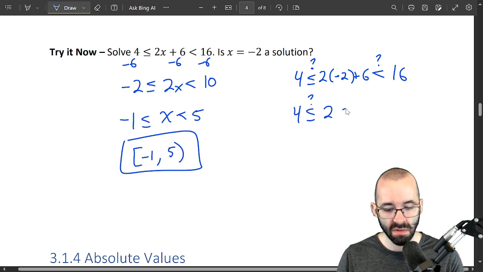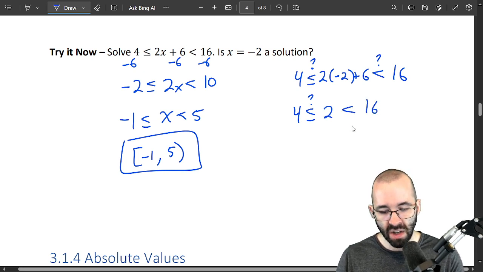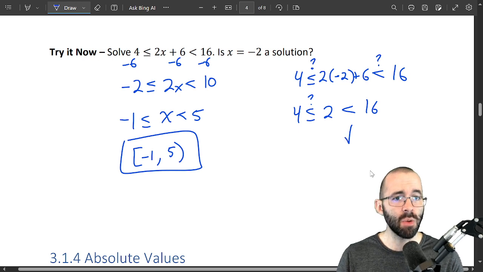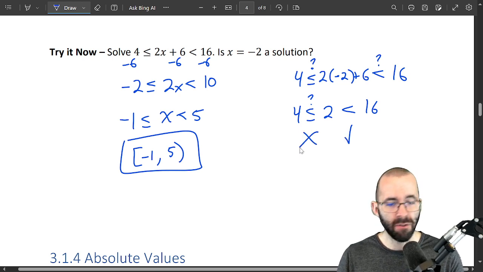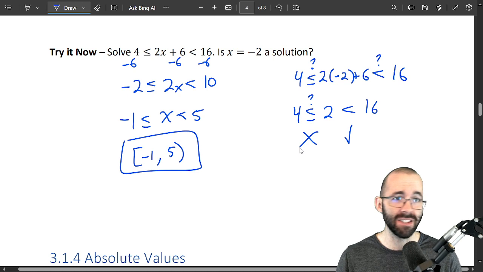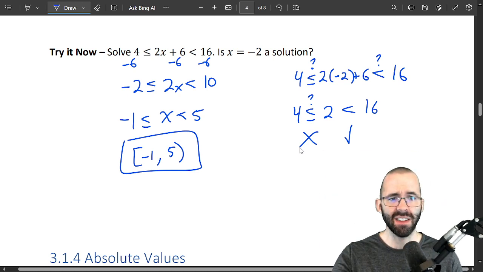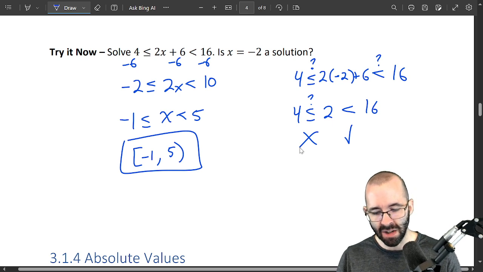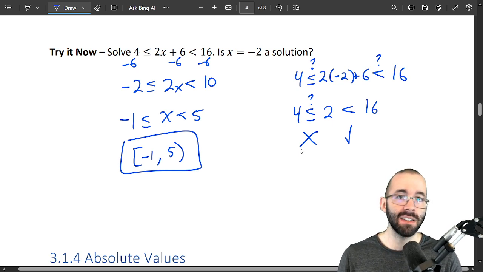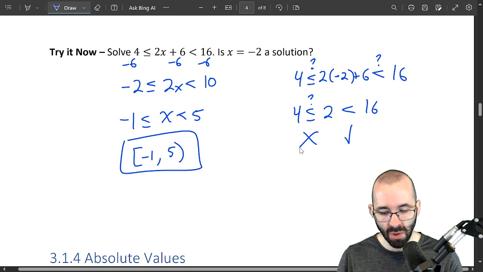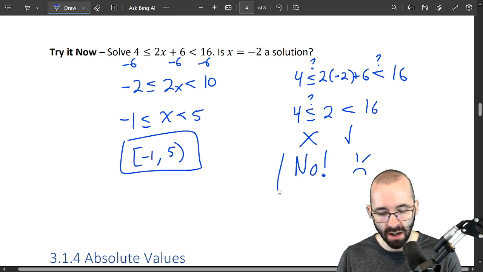Uh-oh. 2 is less than 16, that's no problem. But 4 is not less than or equal to 2. 4 is bigger than 2. 4 is to the right of 2, not to the left. So -2 is not in the interval, and it doesn't satisfy the inequality. We're going to say no. It's not.